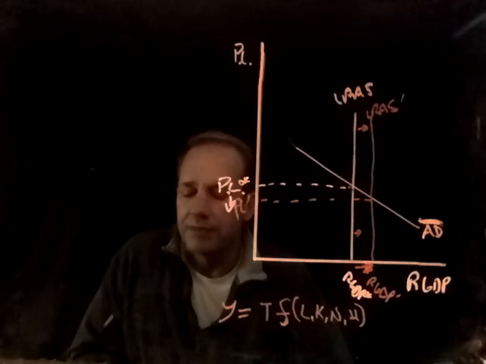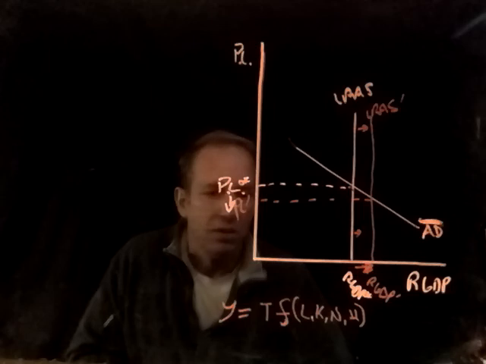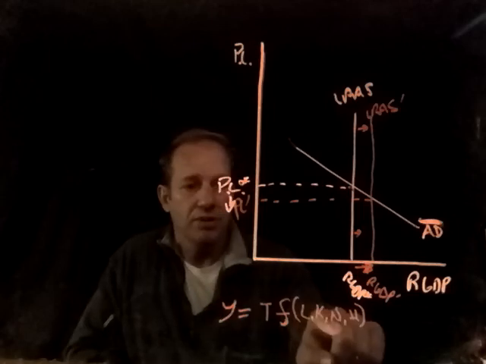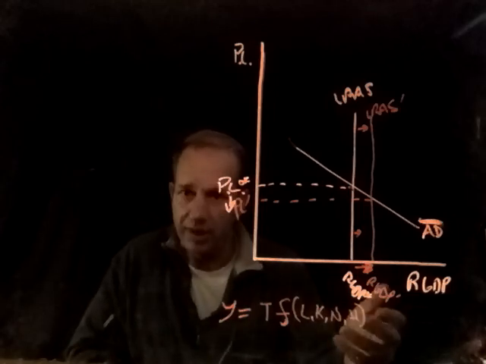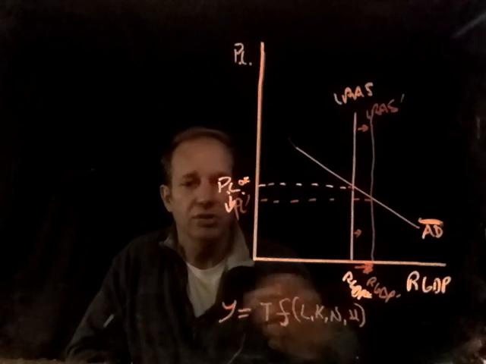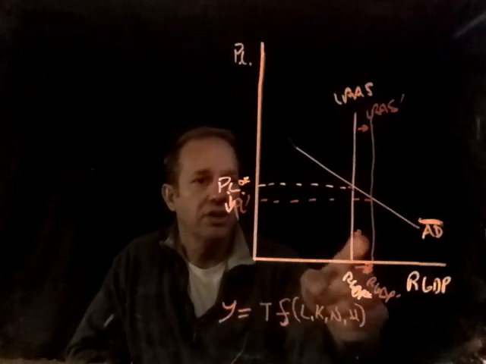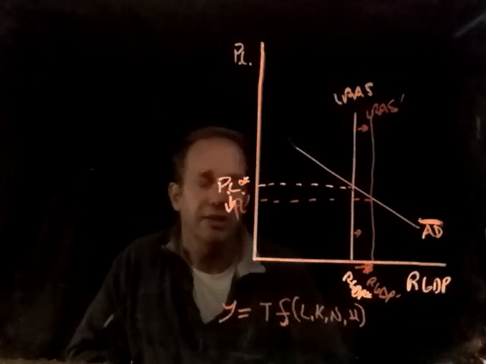Letter E, the discovery of new mineral resources used to produce various goods. What does that N stand for in my production function? Natural resources. And this is a discovery of that. So that's more natural resources in the production of goods and services. So that indeed would look like this.